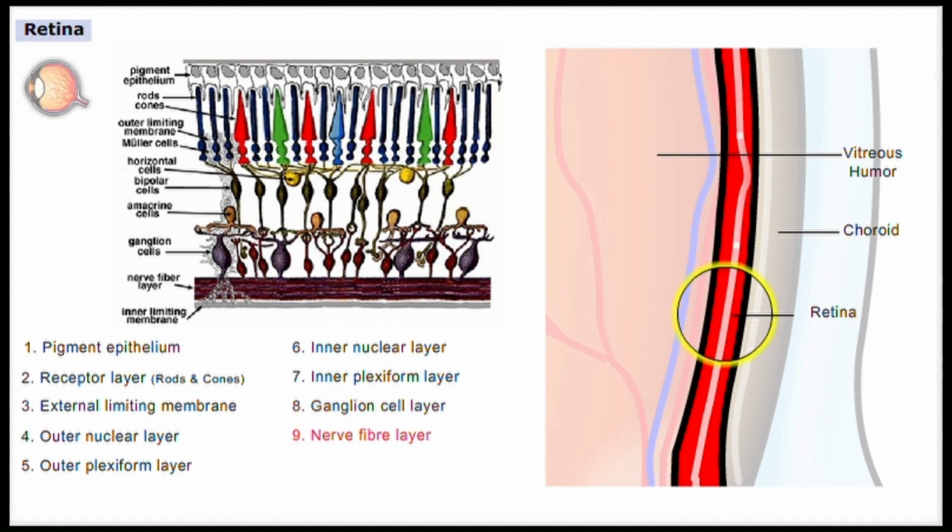Ninth layer is the nerve fiber layer. Nerves from the ganglion cells run along the inner surface of the retina to the optic disc where they form the optic nerve. Last layer is named the internal limiting membrane. This is the inner limit of the retina and outer limit of the vitreous body.